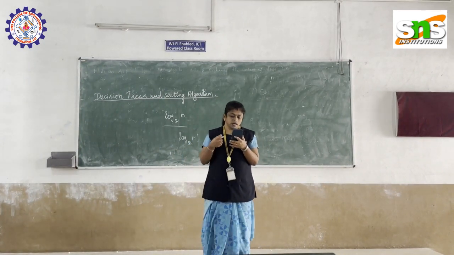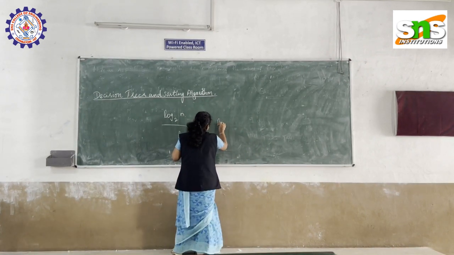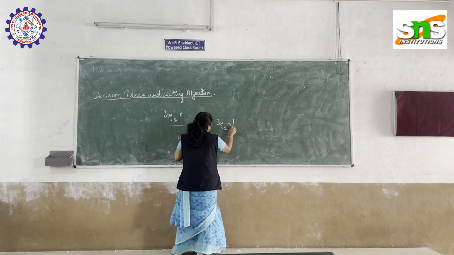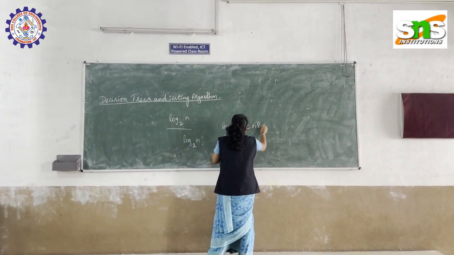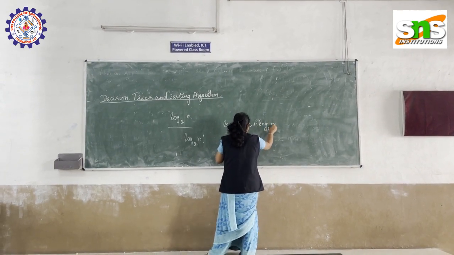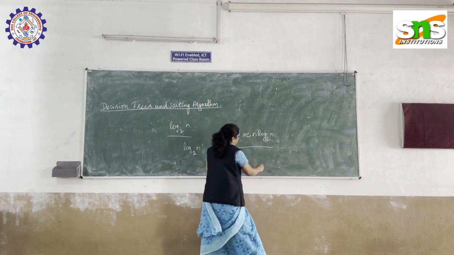That is Stirling's approximation. It means log 2 n factorial is approximately n log n.